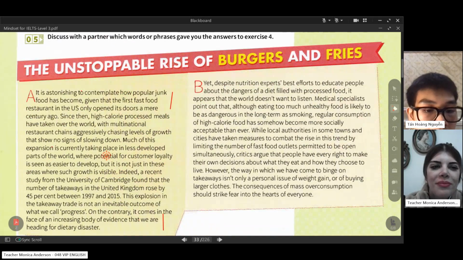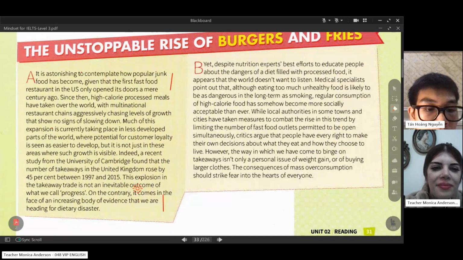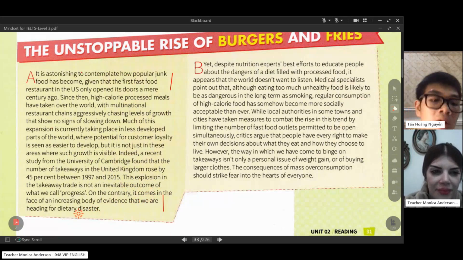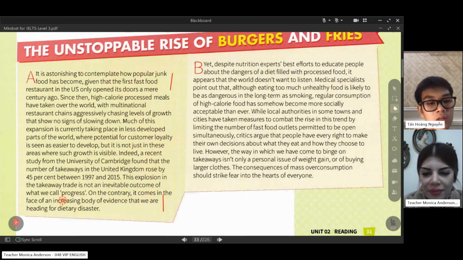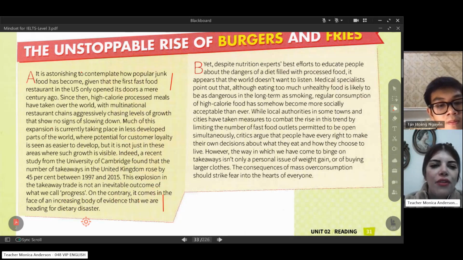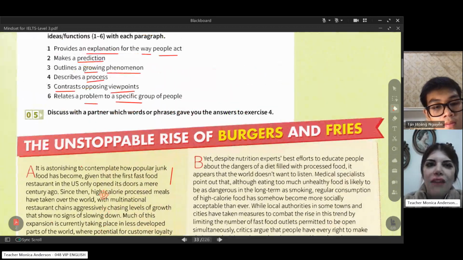Because I can see that it talks about the number of takeaways in the United Kingdom rising by 45% between 1997 and 2015. Of course. So we have an increase, so we have some progress. Okay, of course, you're right.